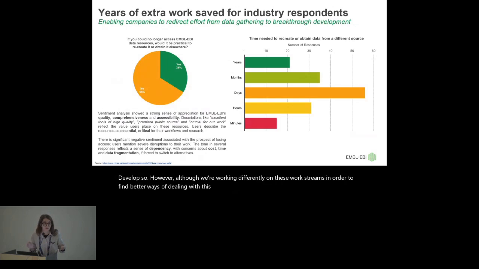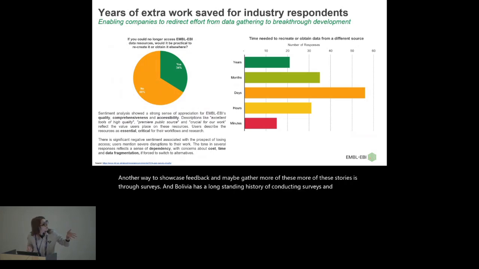Another way to showcase feedback and maybe gather more of these stories is through surveys. EMBL-EBI has a long-standing history of conducting surveys, and we had to stop at around COVID, but we relaunched our surveys back in 2024.